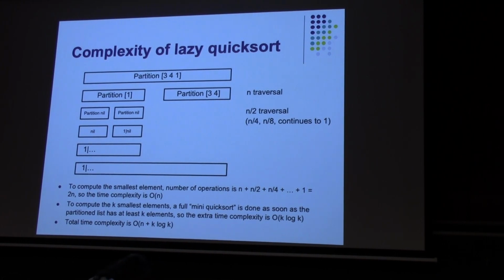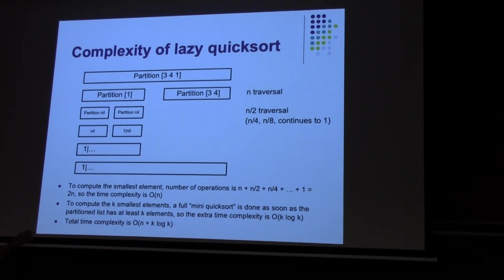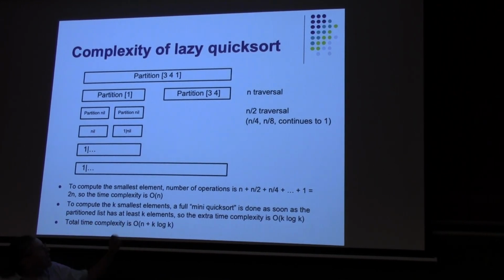But this is only a size k thing. It's like a mini quicksort. When I get down to the small list of k elements, and I need all k, then that thing will be executed completely. Okay? And this takes k log k. This is a full quicksort, but only on k elements. A full mini quicksort, as soon as the partition list has at least k elements.